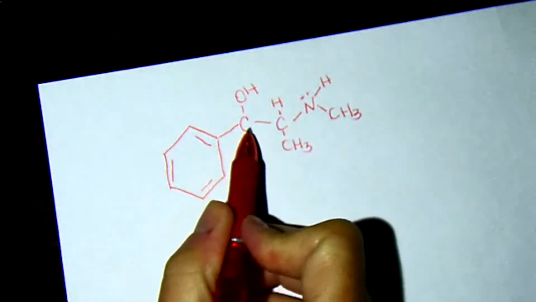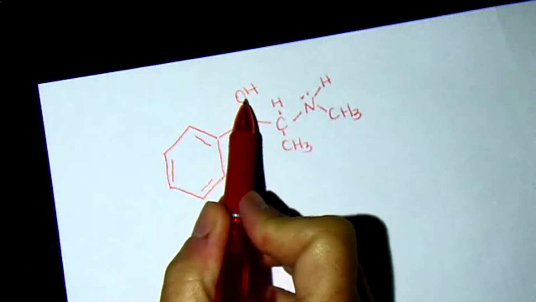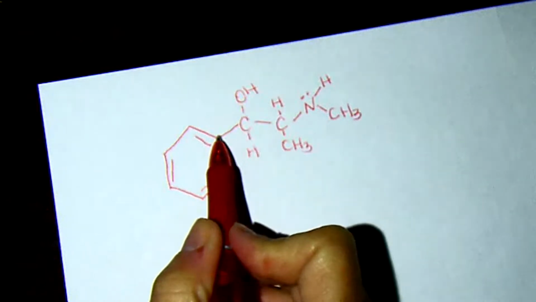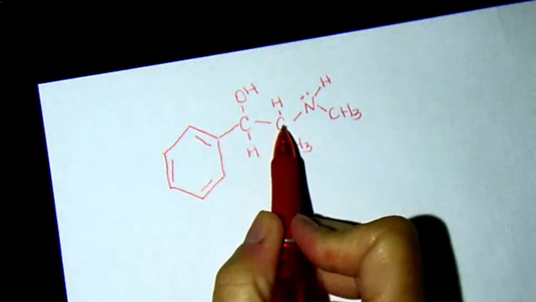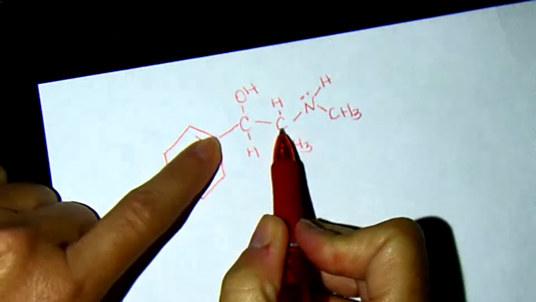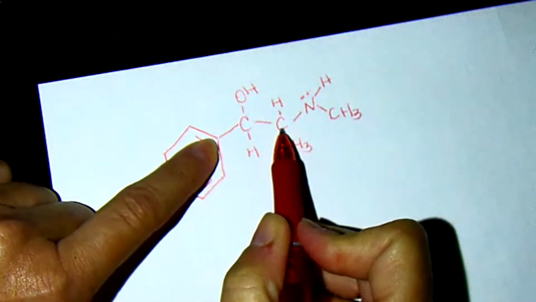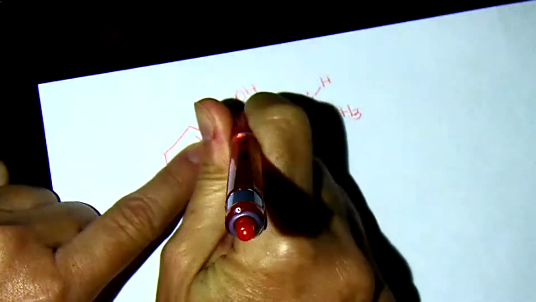So if we look at this carbon here, attached to it is an oxygen. That's a carbon that's attached to a benzene ring. A hydrogen, and this here's a carbon. But this carbon here and this carbon over here are not the same. And so this carbon is chiral.